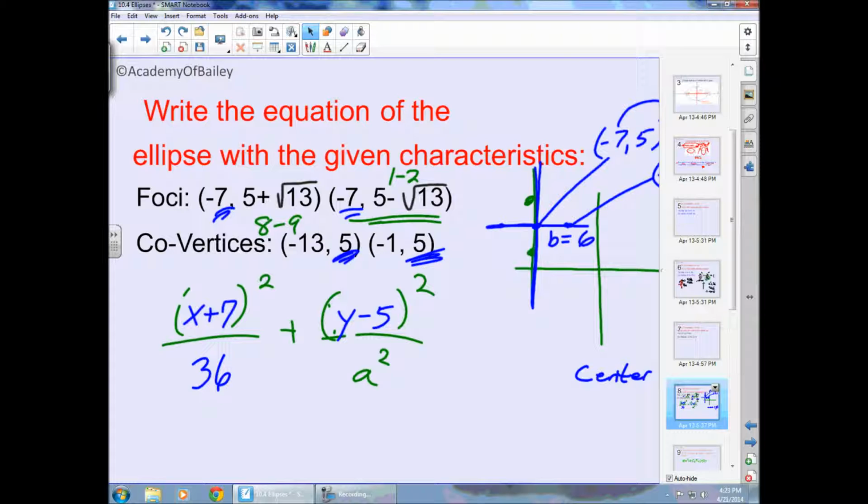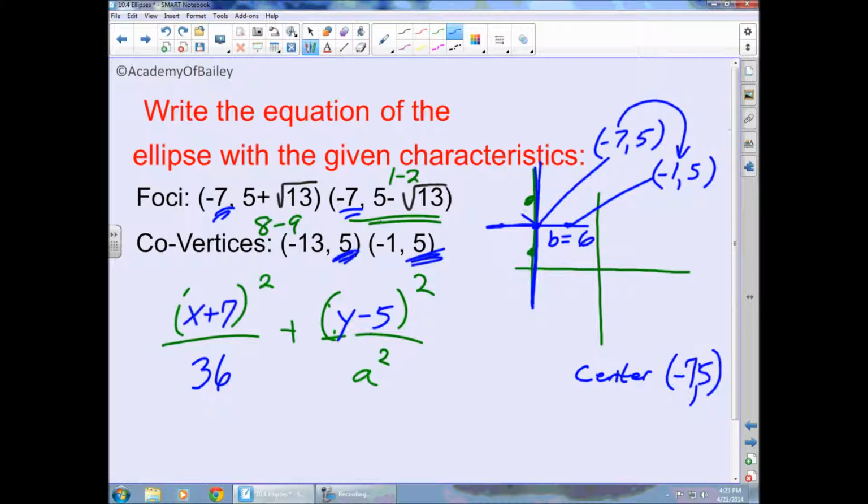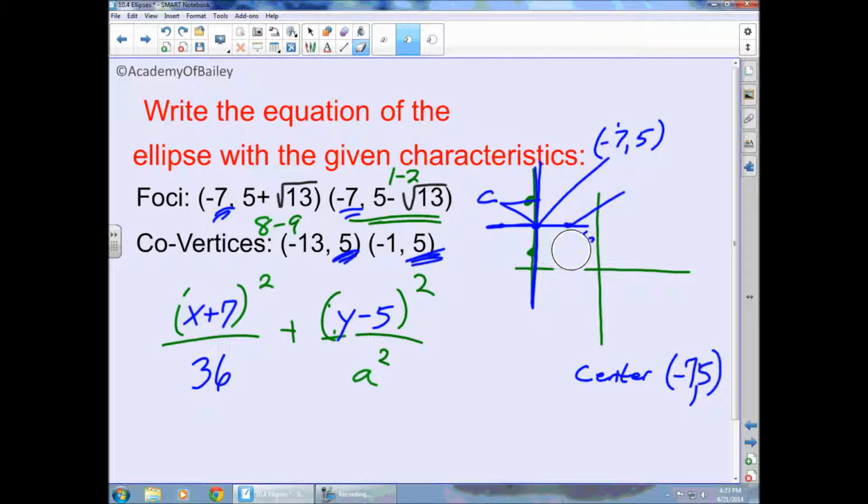So we know the foci lie c units from the center. So this distance is going to be c. Okay, so once again, let me get rid of some of this irrelevant information here. So what is the distance there? Well, we know that this is negative 7, 5, and then what is the foci?